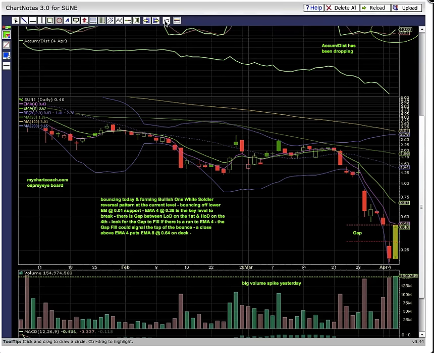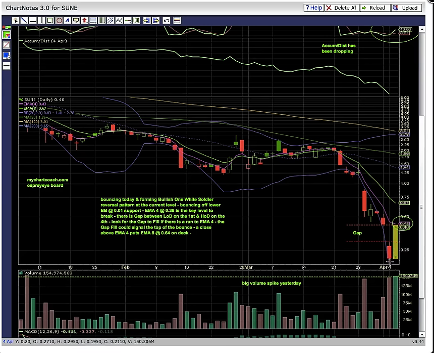What we're looking for now is that the gap is filled. We are looking for a close above EMA4 at 43. As you can see, it's this pink line. Notice the candles have been riding below EMA4, riding lower Bollinger Band support. And so this is just a dead cat bounce play.